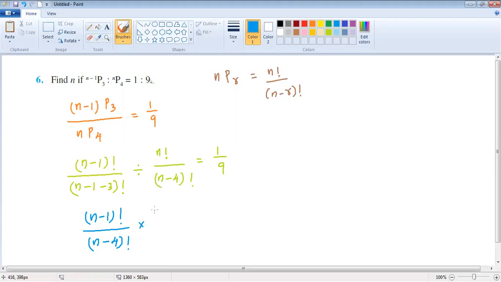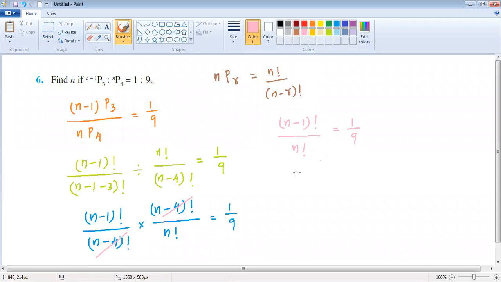So n minus 4 factorial divided by n factorial, which is equal to 1 upon 9. भी आप देख सकते हैं n minus 4 factorial दोनों साइड से कट हो जाएगा. So remaining आपको मिलेगा n minus 1 factorial divided by n factorial, which is equal to 1 upon 9.